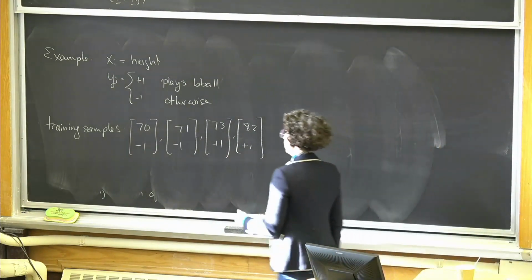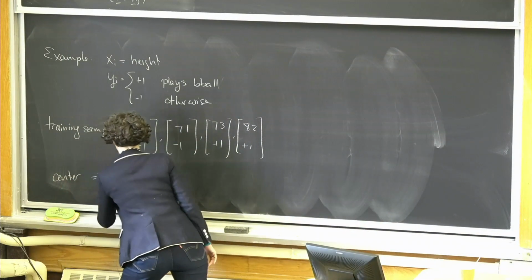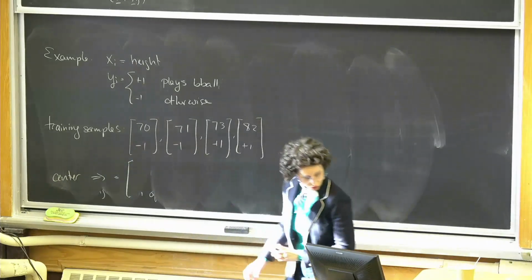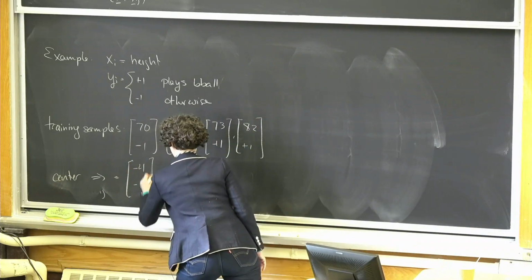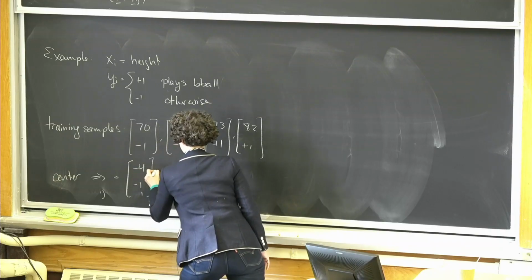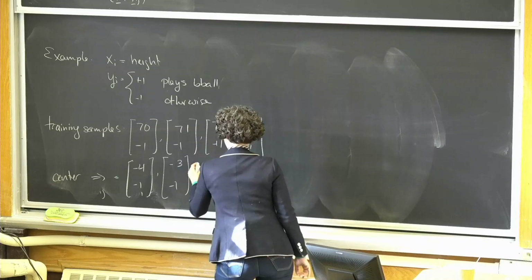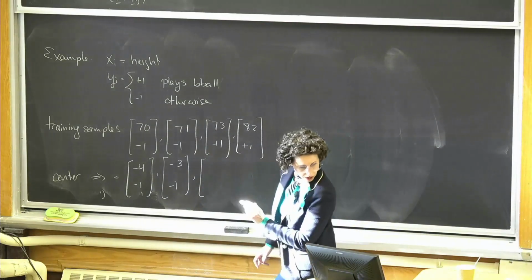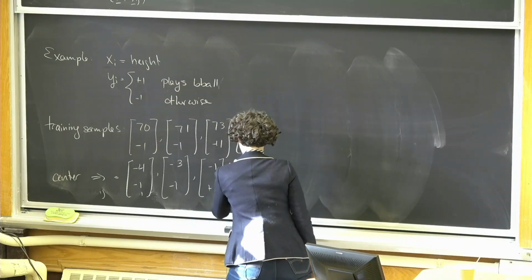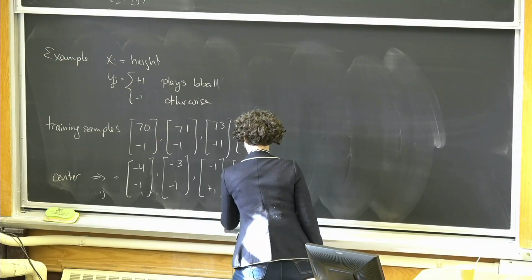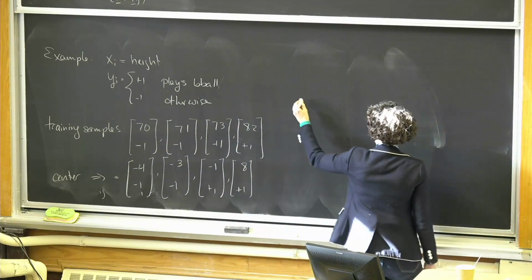Then what I'm going to do is subtract off the mean height. I'm going to center my data. So when I center it, I get -4, -3, -1, and 8. Let's just plot this now.